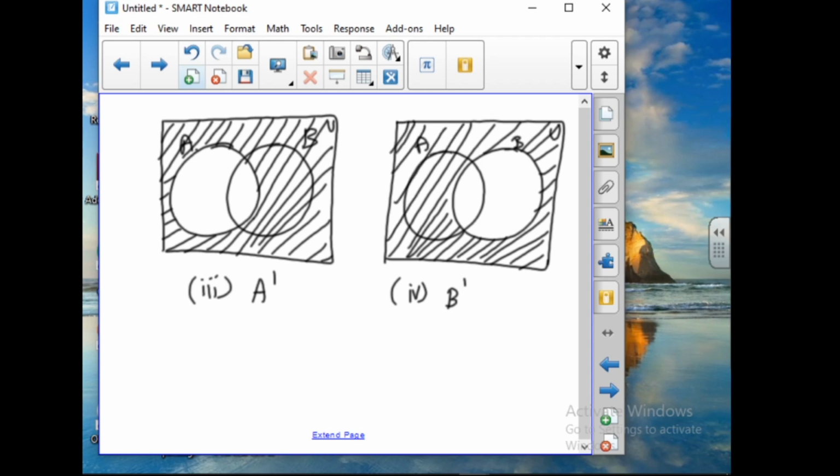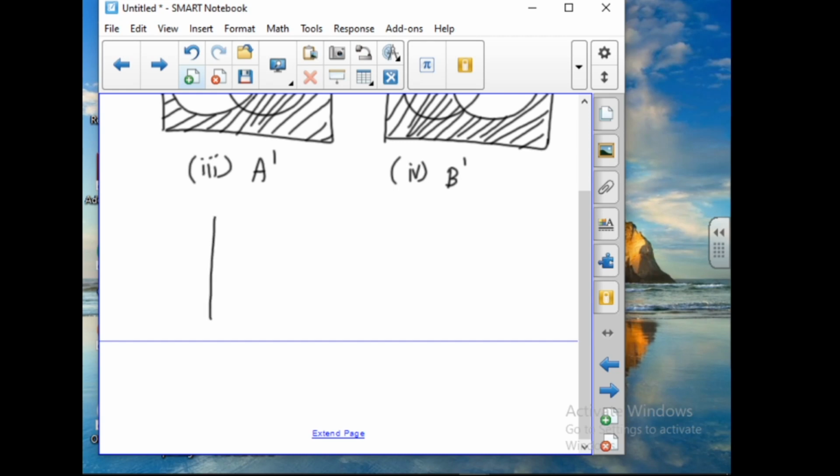Next one, you have to check the union part of A dash union B dash.